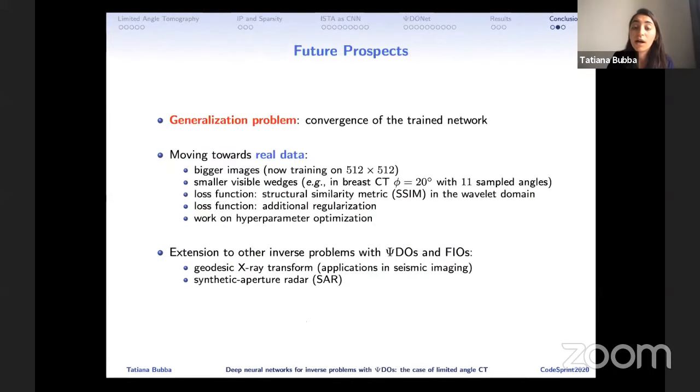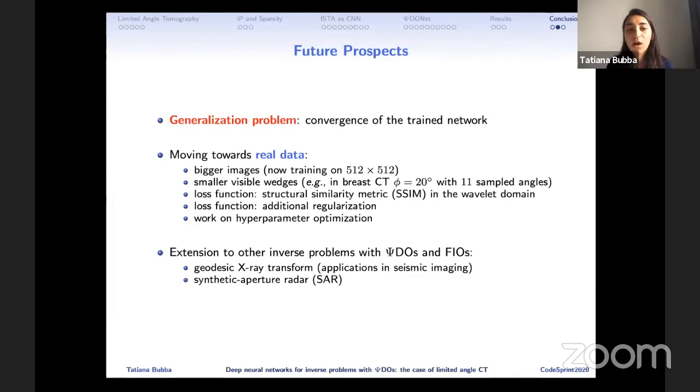And now, as I said, we just submitted the work, which was mainly theoretical, but we are working on extending it, especially on the numerical side. So now we have actually finished training on the bigger images, 512 by 512 on the ellipses, and we're training with more realistic data coming from breast imaging. That would be our end goal for that project.